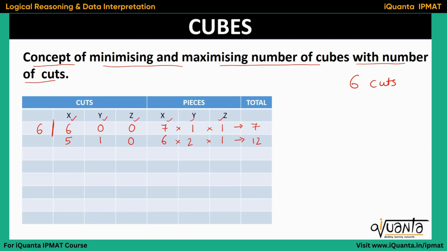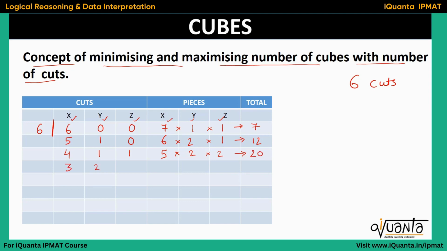Similarly, if we make 4 cuts along the x-axis, 1 cut along the y-axis and 1 along the z-axis, then the number of pieces would be 5 along the x-axis, 2 along the y-axis and 2 along the z-axis, which gives 5 into 2 into 2, that means 20 pieces.